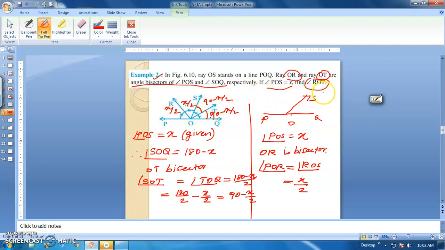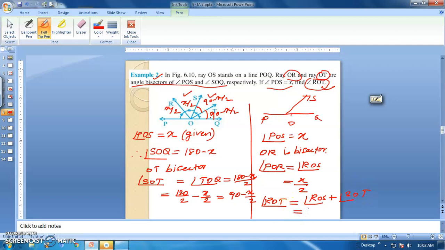And what they are asking here is angle ROT. So angle ROT, from the diagram, is the sum of this angle and this angle, that is angle ROS plus angle SOT.